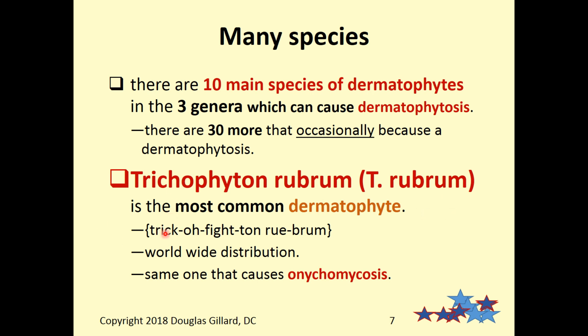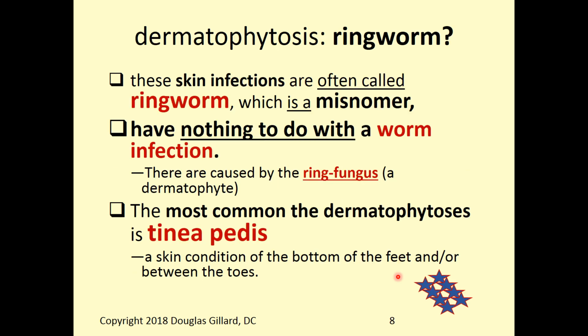That's pronounced Trichophyton rubrum. And yeah, this is the same one that causes most types of onychomycosis, or that fungus of the nails. Not all, though. There are other things. Yeast can do that as well. Same with this. It's usually these fungi, but not always.